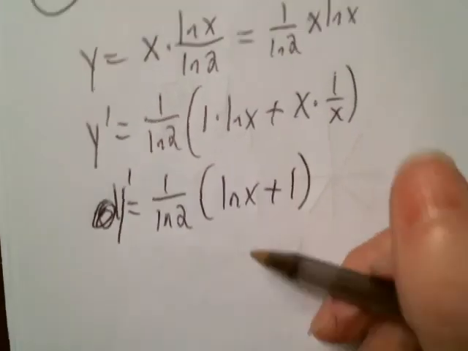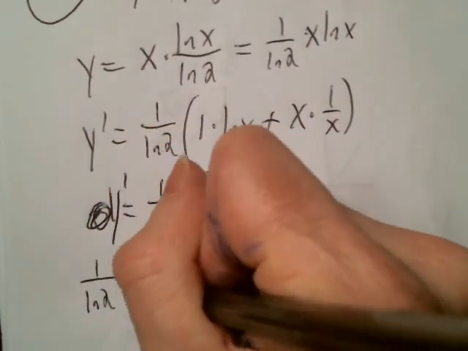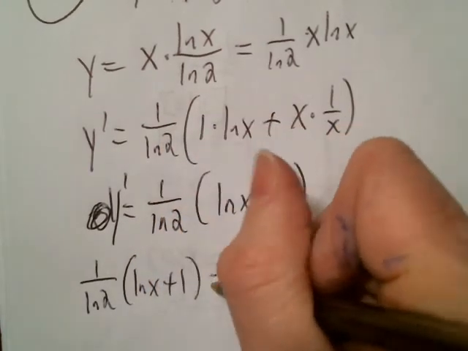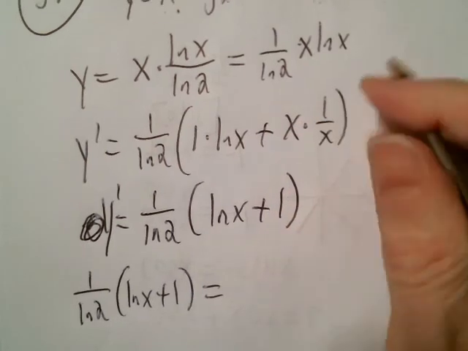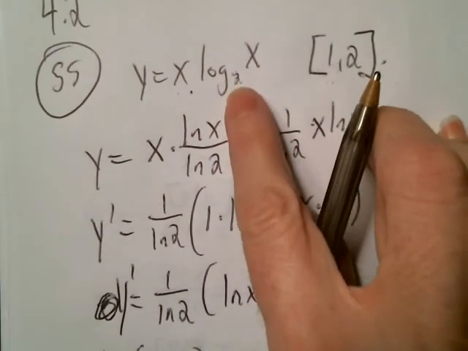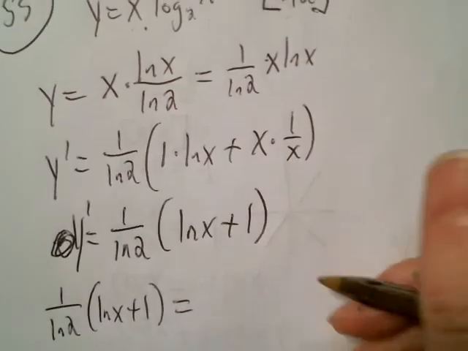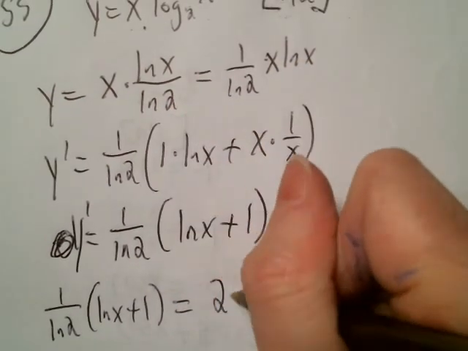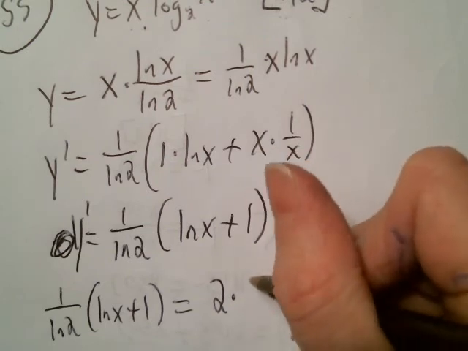So I have to take this 1 over ln 2 times ln x plus 1 and set it equal to f of b minus f of a over b minus a. So you're looking at f of 2. So you plug 2 into this expression. I'll use this one. If you plug 2 in there, you get 2 times ln 2 over ln 2, which is just 1.